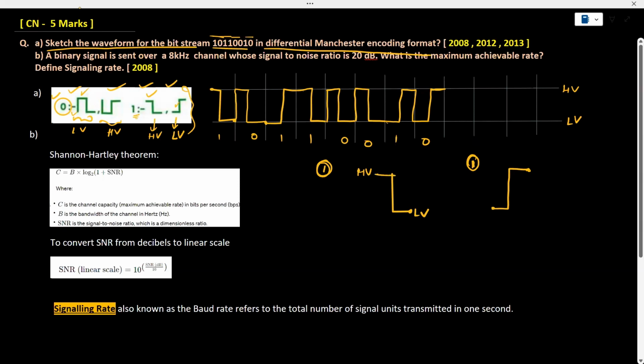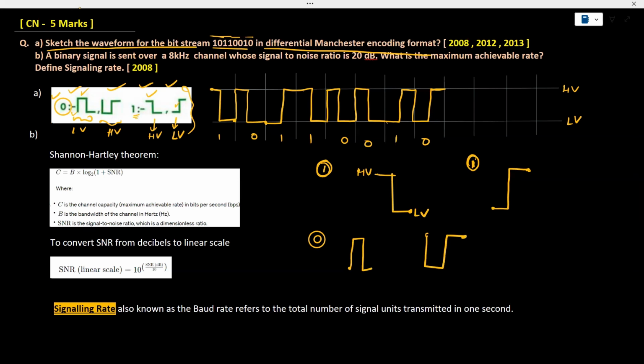When the value is 0, if we are at a lower voltage, we come back to a lower voltage again, and if we are at a higher voltage, we come back to a higher voltage again.